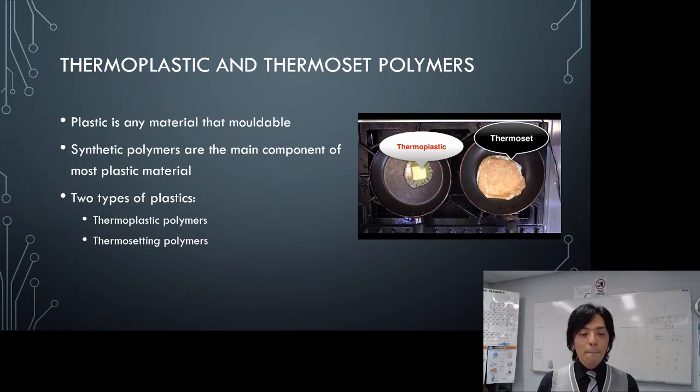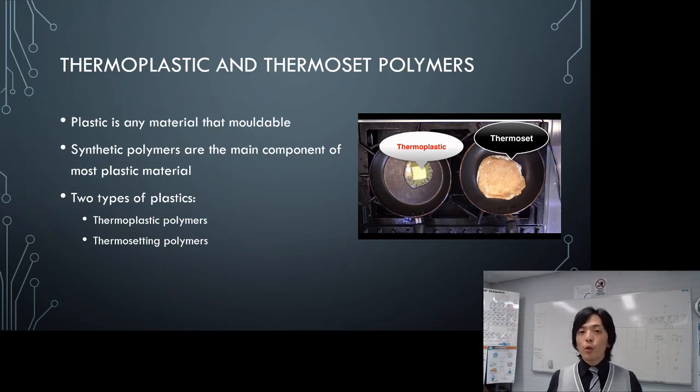Synthetic polymers are the main component of most plastic materials, and thermosetting ones are also one big category of plastic that is available in the world, because plastics in general are very resistant to chemicals. They do not conduct electricity, so they work as insulators really well.